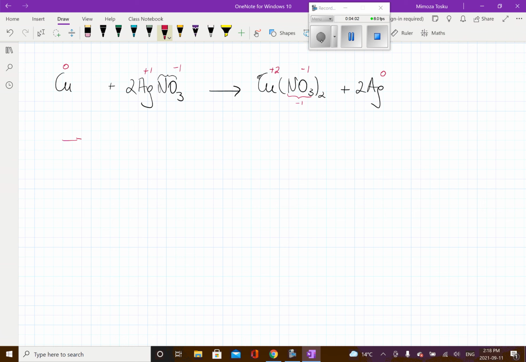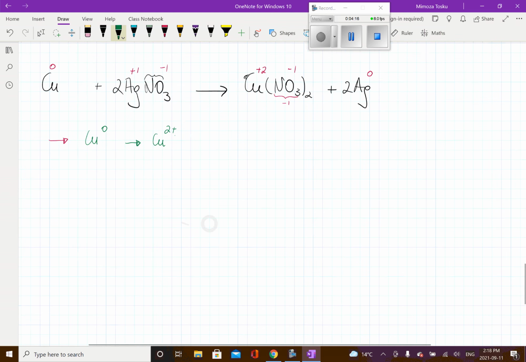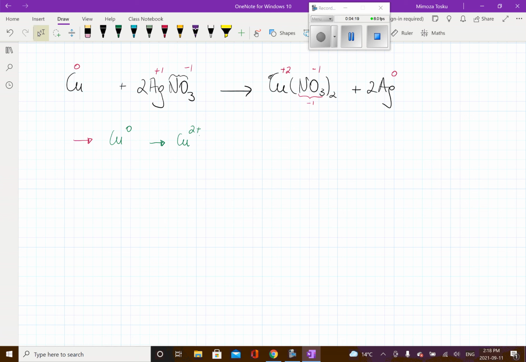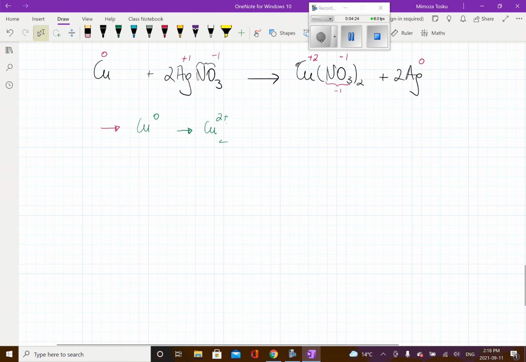The very first thing we notice is that copper from 0 is becoming copper 2+, which means it is losing 2 electrons. Therefore, when it is losing electrons, we say that copper is oxidized.